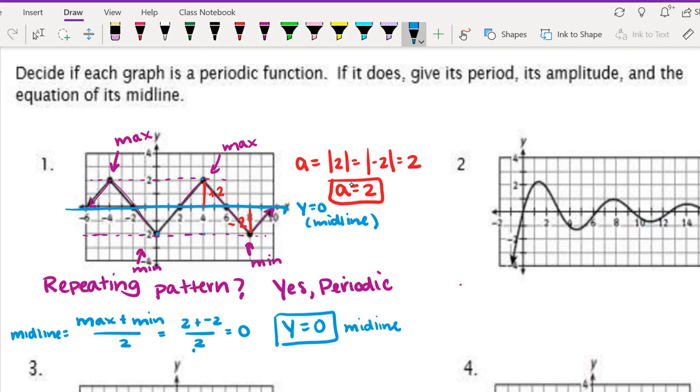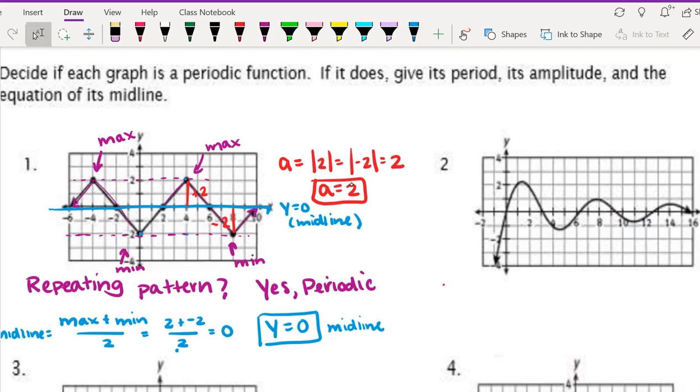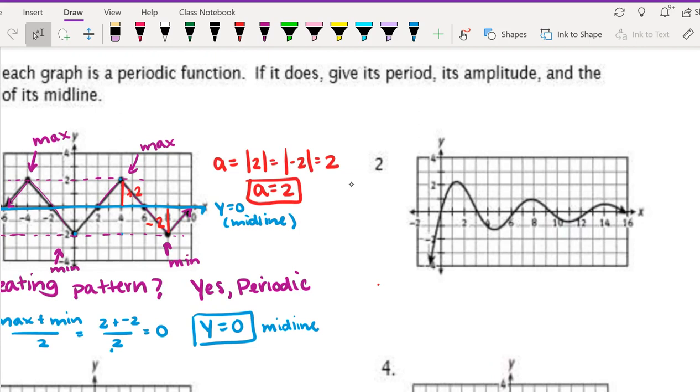Okay, so in number 2, if I'm looking at this particular function, do I have a repeating pattern? So it goes up and then down and then up and then down. But if you notice, the pattern is not the same. The up and down doesn't go to the same max and the same min every single time.